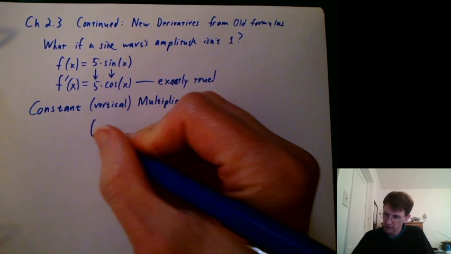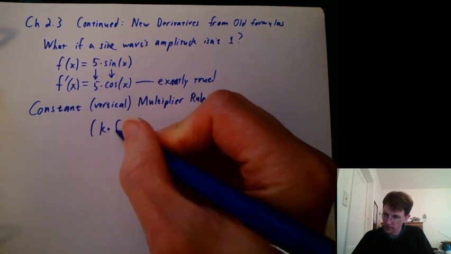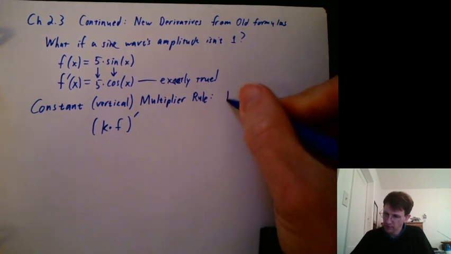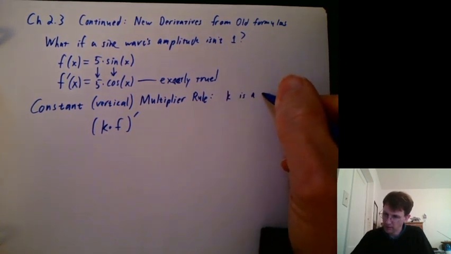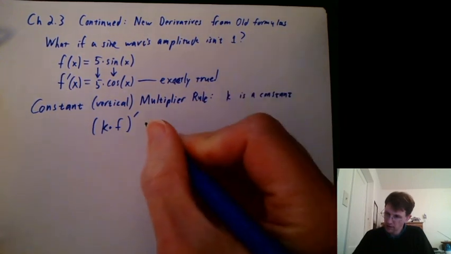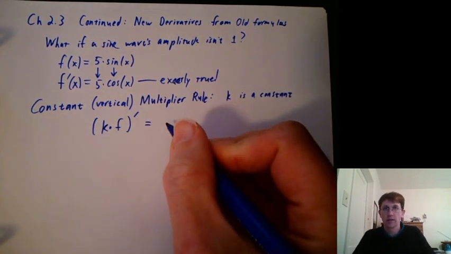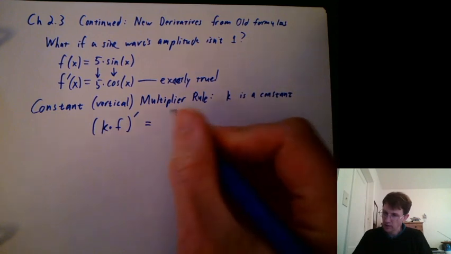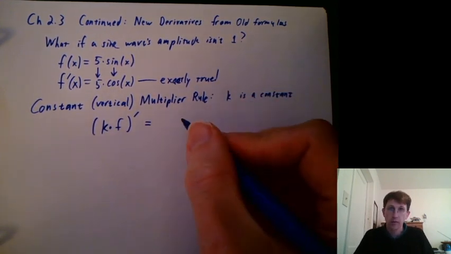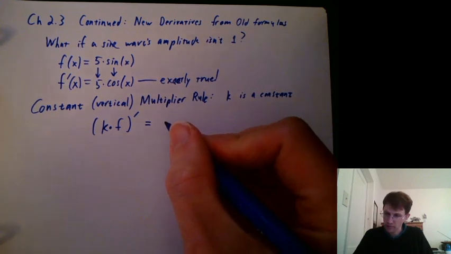So it is, if you have k times some function, derivative of that, where k is a constant, go ahead and take a sec to think, how can I write a new formula here, kind of like that one that tells me what to do. Pause in 3, 2, 1.